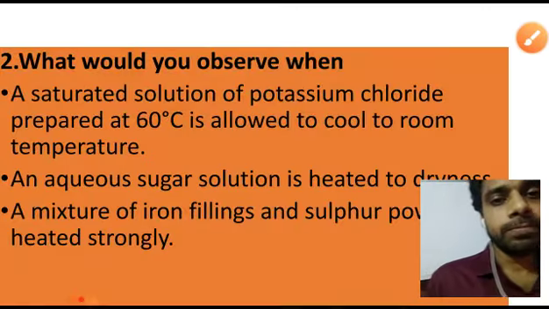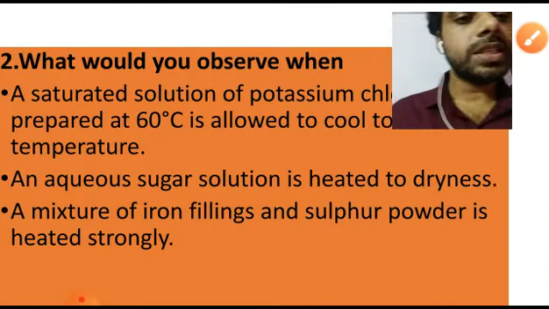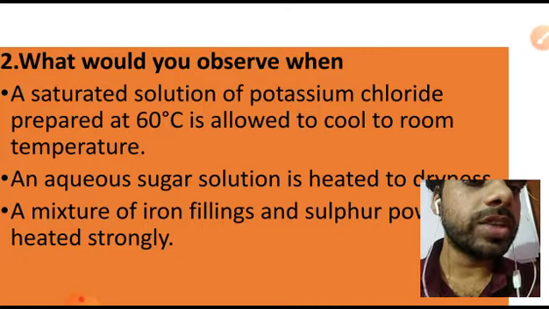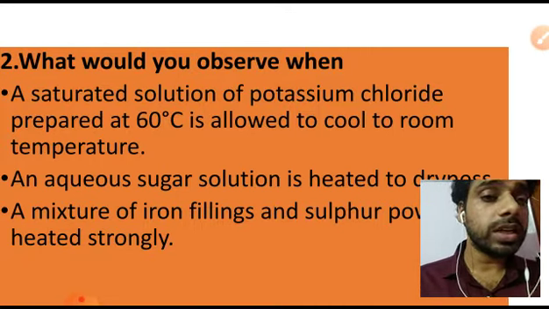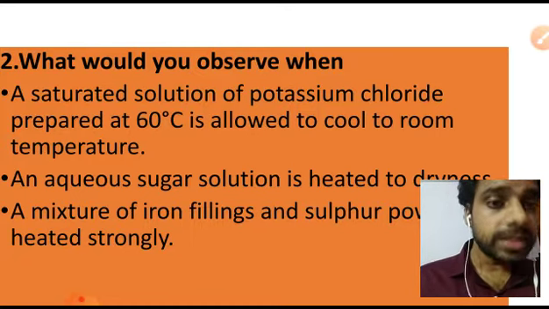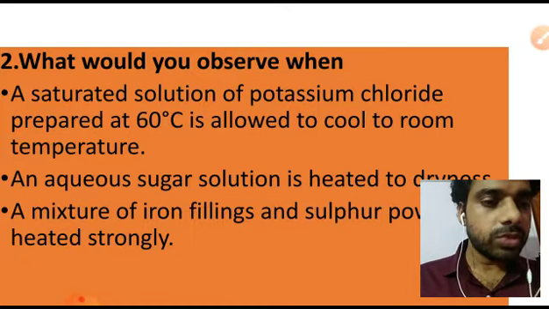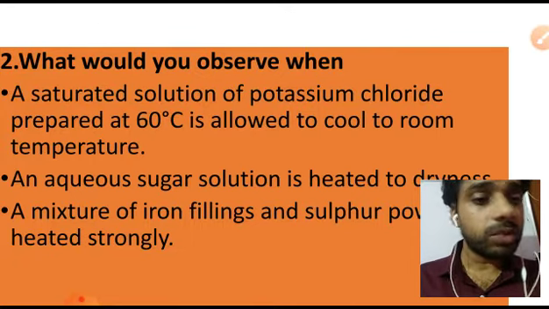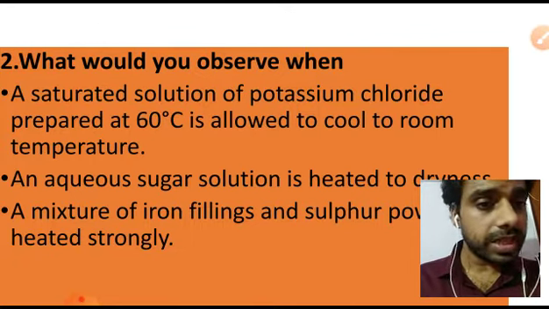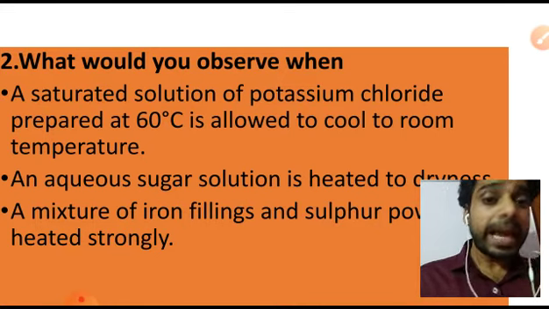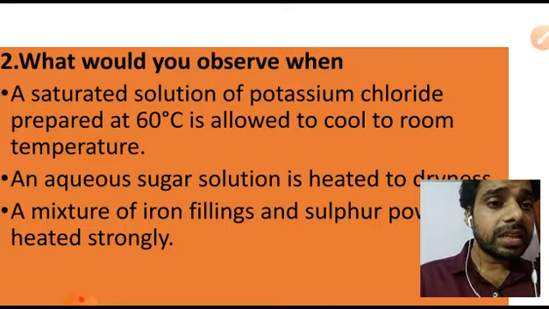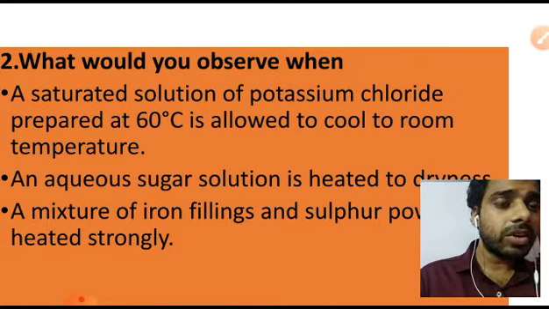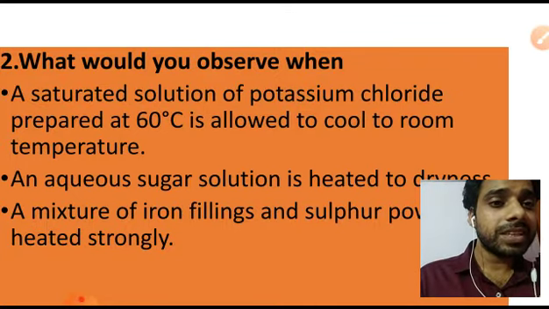Take the second question: an aqueous sugar solution is heated to dryness. An aqueous sugar solution is a solution in which water is present. If I heat that, water will evaporate. If I continue heating, then water has already evaporated and only sugar is present.